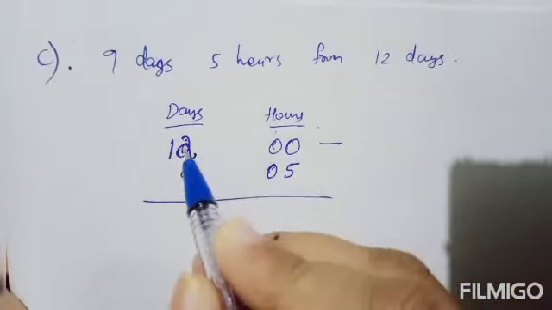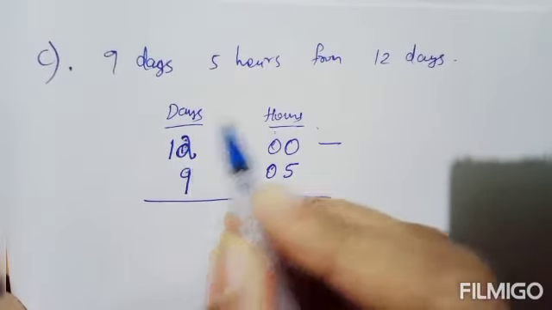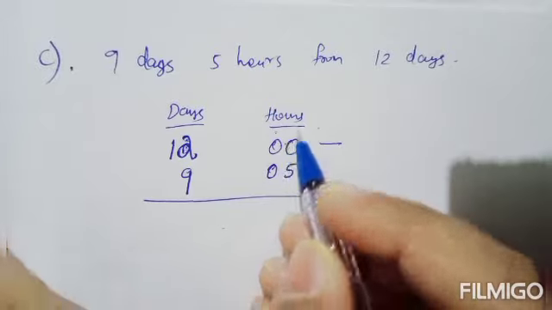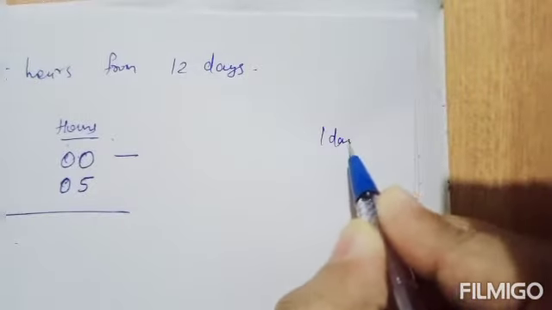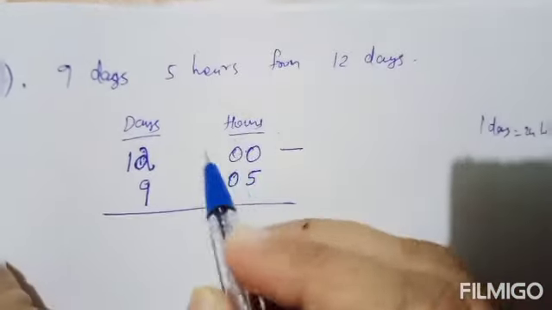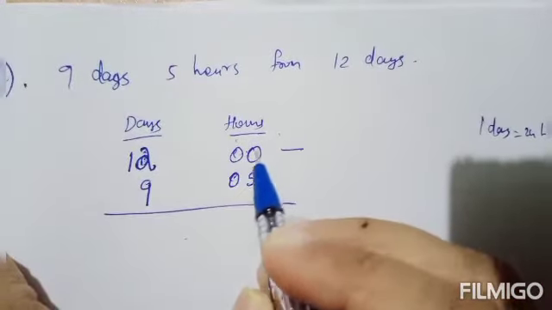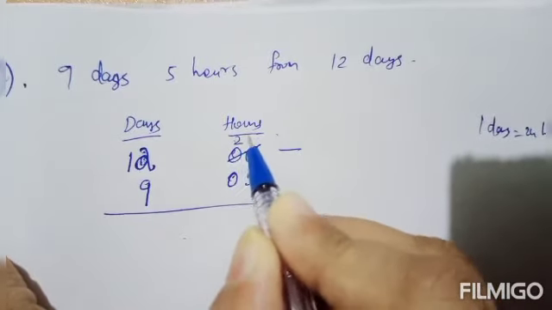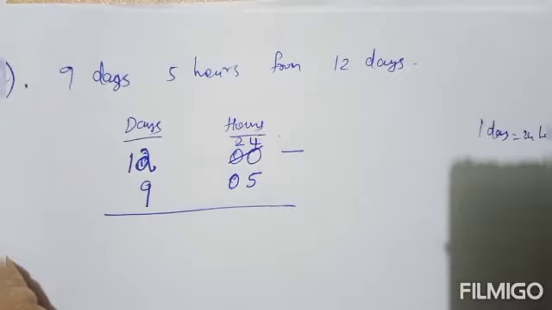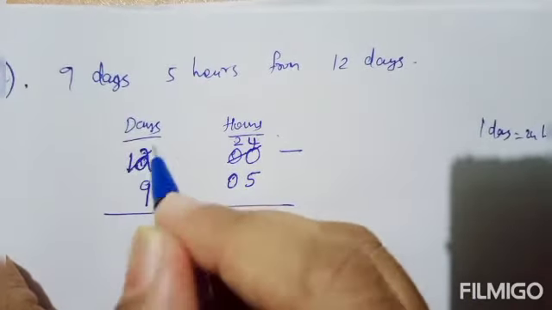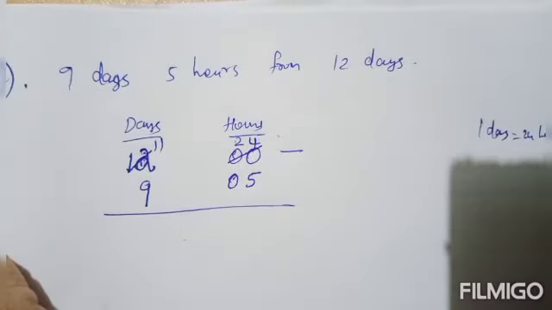So what to do? From 12 you can take 1 day to this side, the hours column. 1 day equals 24 hours. So converting 1 day to hours and taking it to this side, this will be 24. From 12 days we are taking 1 away, so this 12 will become 11.